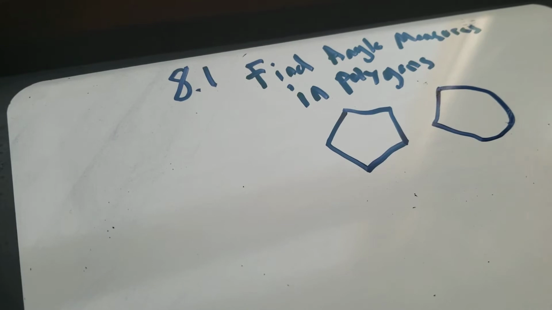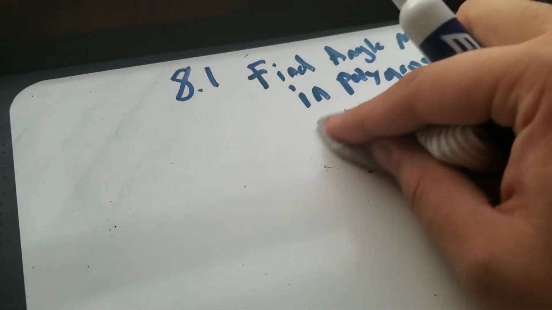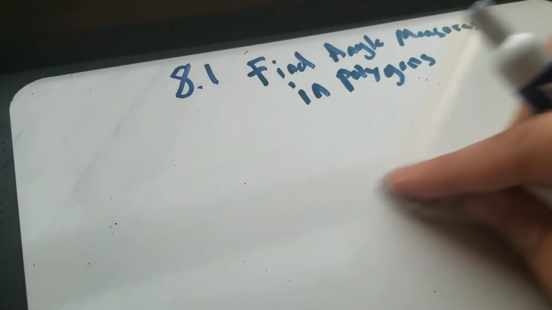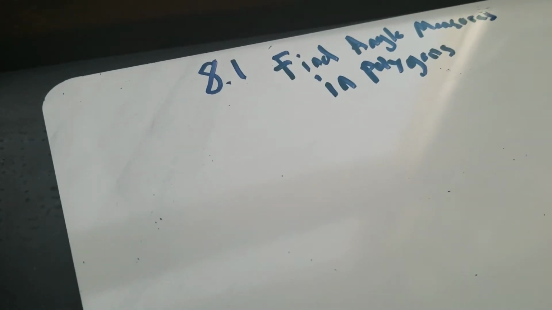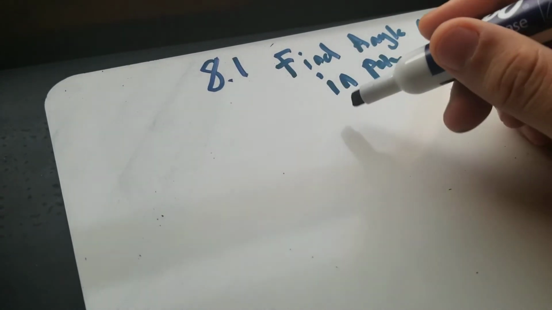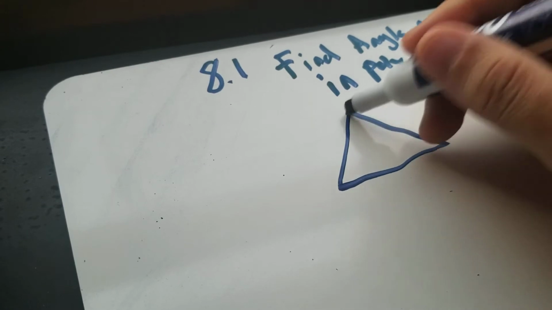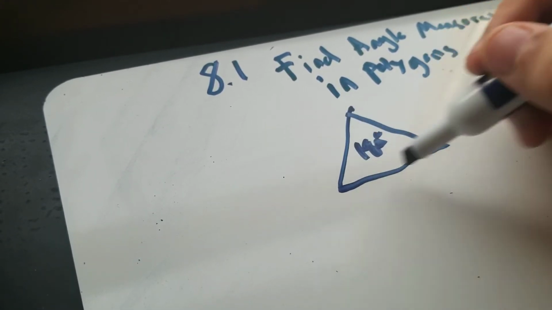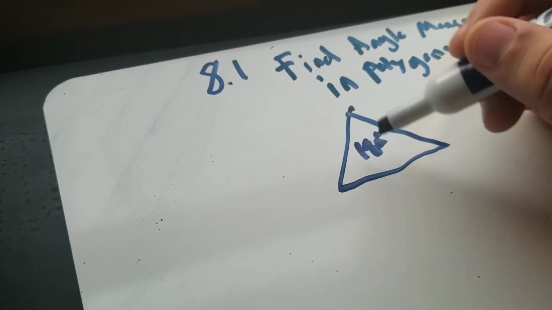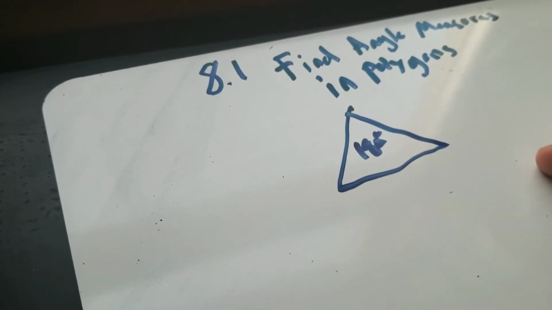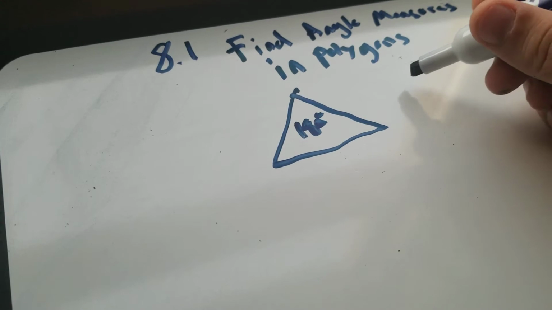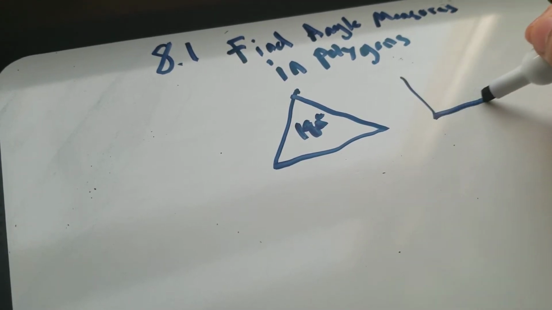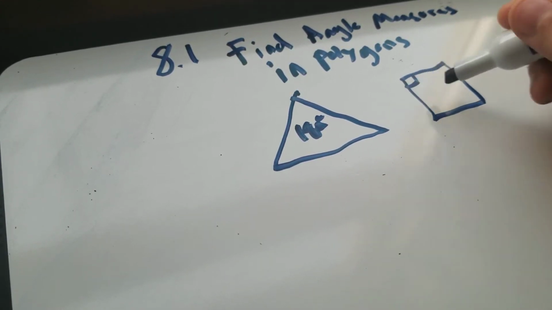Okay, so what we're going to focus on today is the interior angles and the exterior angles. So what are the interior angles? Well, let's just do something we know, like a triangle. We know all the angles inside a triangle add up to 180 degrees. That's a fact that's never wrong. And let's talk about a square or any four-sided shape.